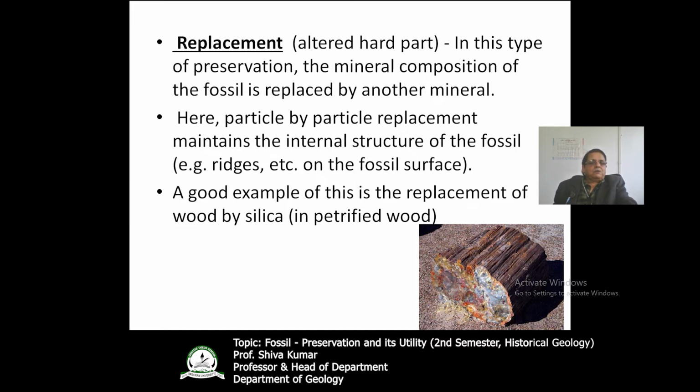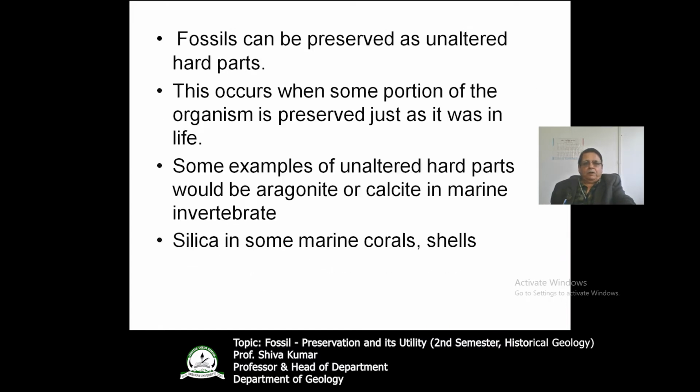A good example is the replacement of wood by silica. Silica means SiO2, and wood is of organic composition, but it is changed into inorganic composition by particle replacement into SiO2, the silica. It is called petrified wood, and that photograph is given here and here as well.